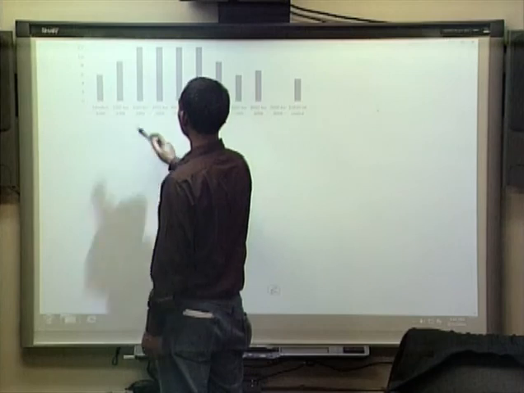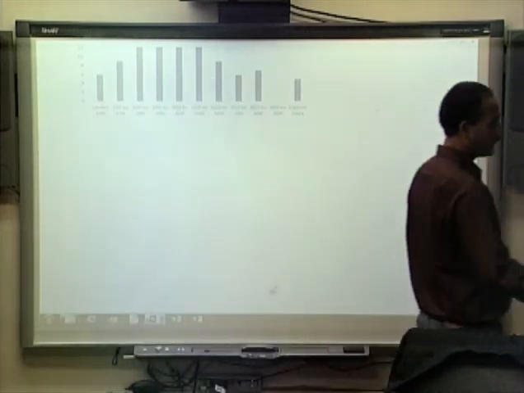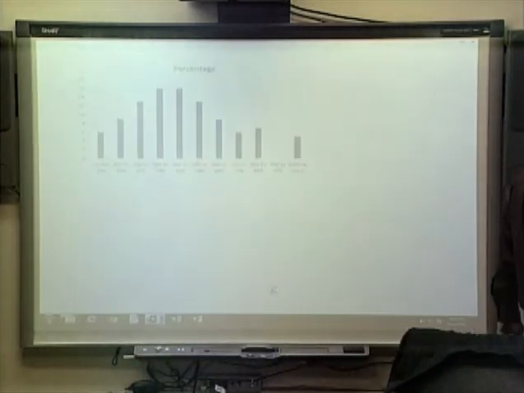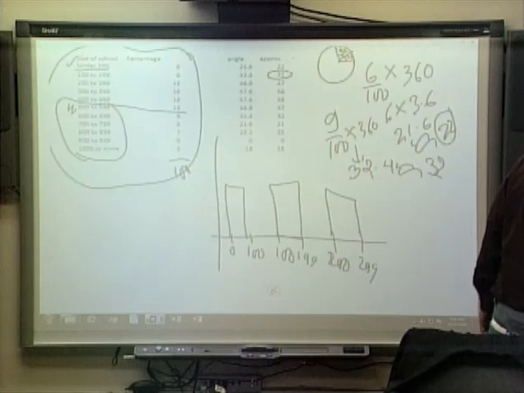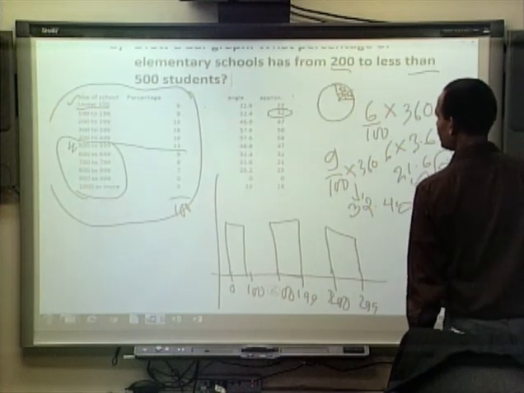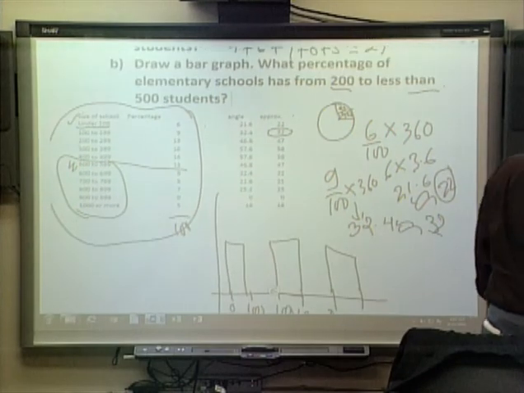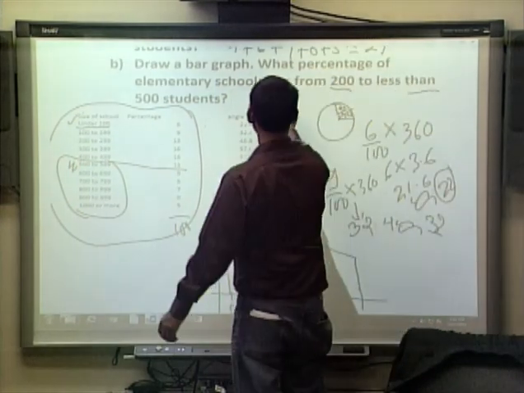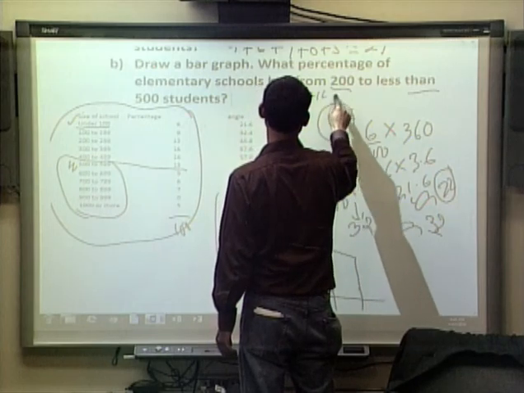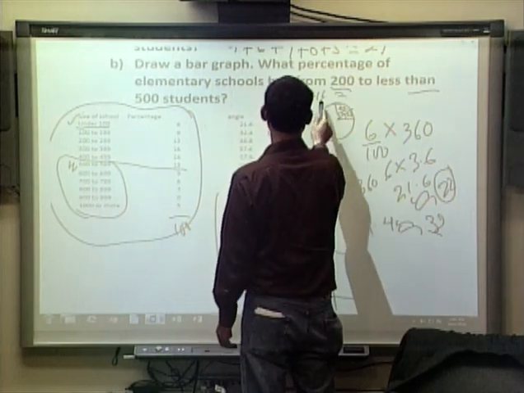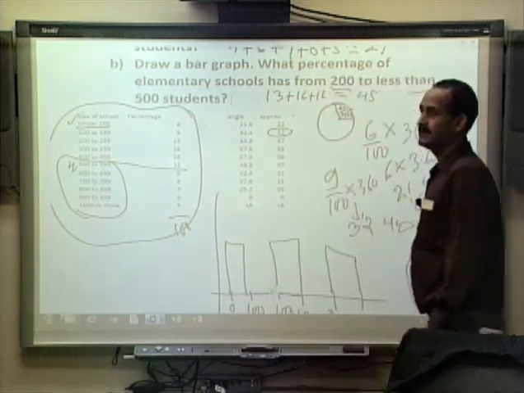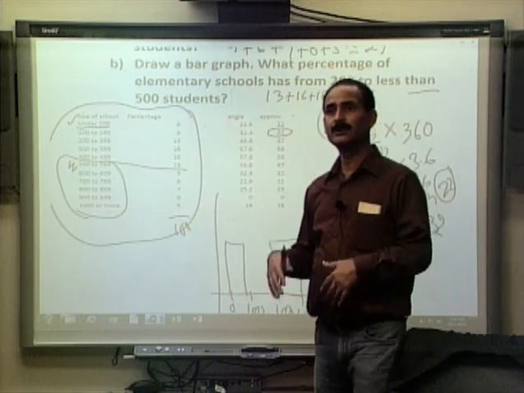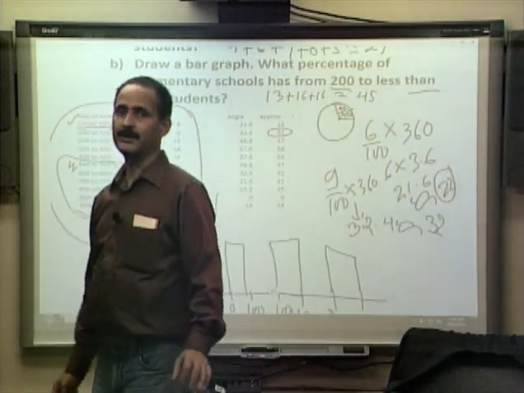So 200 to 299 looks like 13%, and then 16 and 16. 13, 16 and 16 gives us the total, starting from 200, 13 plus 16 plus 16, that gives us the total percentage of those schools. So 32 plus 13, 45% of the schools have a number of students between 200 and 500.